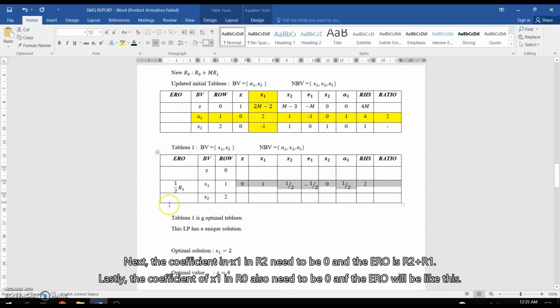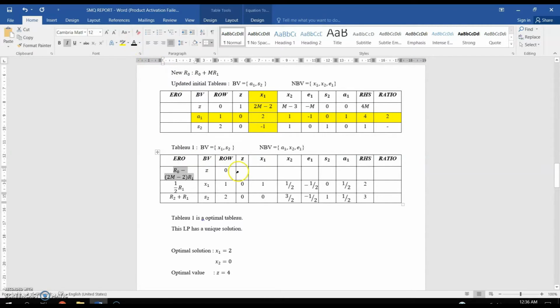Next, the coefficient of X1 in row 2 needs to be 0, and the ERO is R2 plus R1. Lastly, the coefficient of X1 in row 0 also needs to be 0, and the ERO will be like this. So, we get the new row 0.